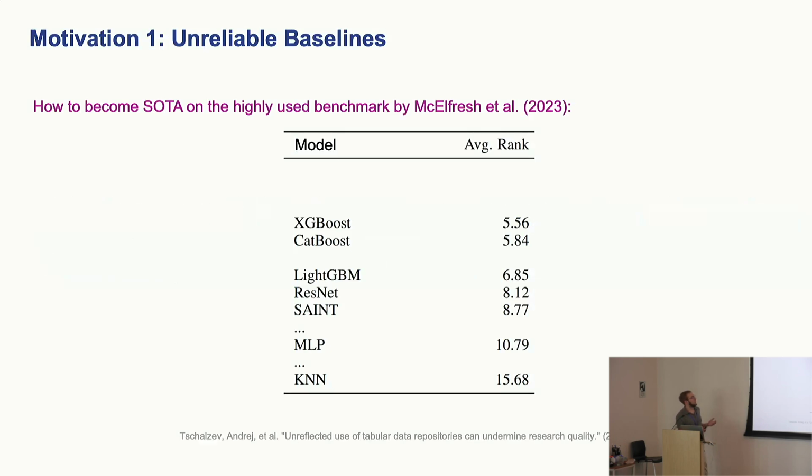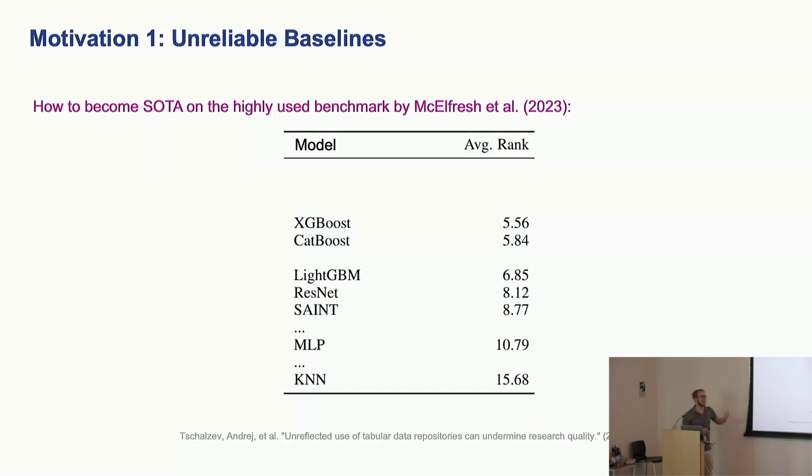There are very recent papers, such as in 2023, that have been cited hundreds of times at this point, that showcase certain model rankings for how strong certain methods are. And then people will go and cite that paper and fit their method and show that they're rank 1 on that benchmark and they are state of the art. We've done it again. And it turns out that it's pretty easy to beat these things.